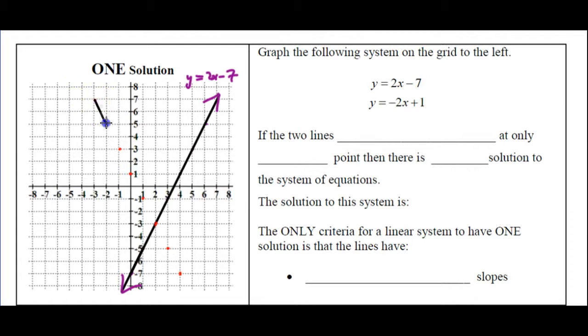Make sure I'm in a good place on the tablet. Let's draw the line this way. Back to the pen, red. And we get y equals negative 2x plus 1.